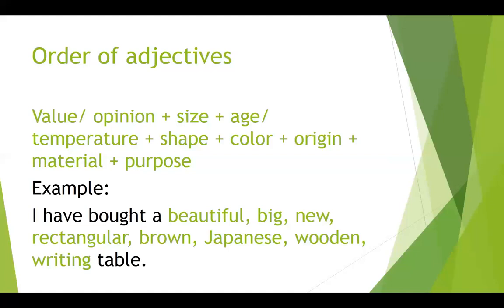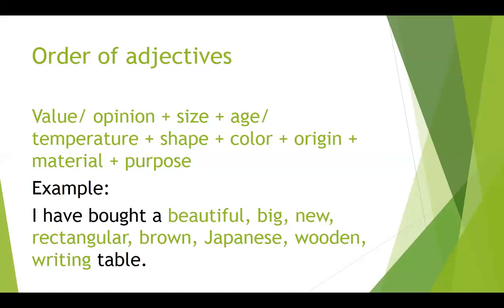Then age or temperature. So age means new, old, novel, and temperature means hot, cold. Then is shape. Shape, rectangular, circular, triangle. What kind of shape that object has. Then color. Color, brown, black, white, all these colors, they are included in color.